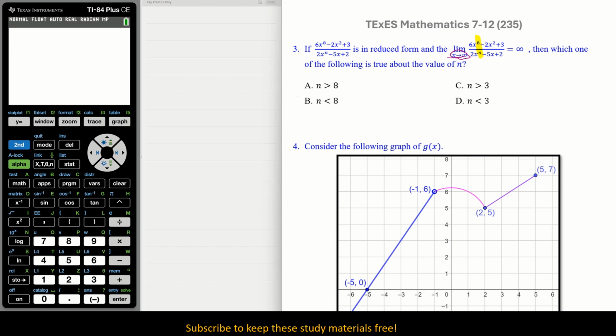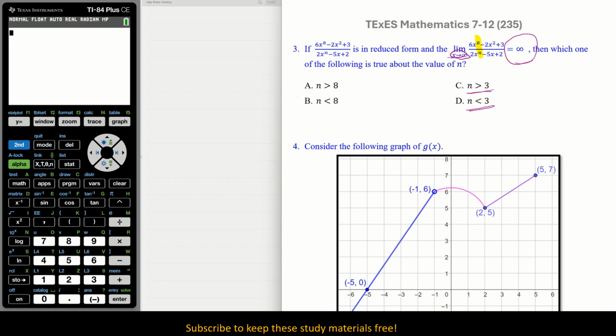In that case, our limit would be 3, and that isn't the case. Well, they're not giving us an option for that. And I do believe that's how they got this and this. But the value is infinity.